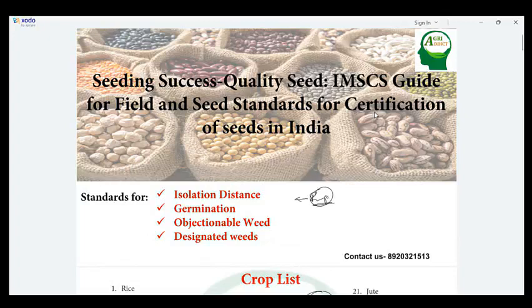This document covers isolation distance of all the crops, germination percentage, objectionable weeds, and designated weeds. These are the things I was talking about yesterday in the seed production class.